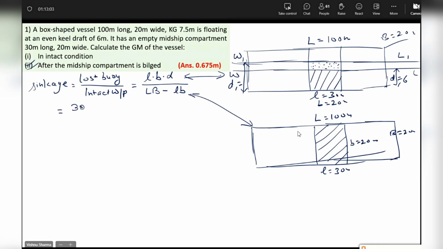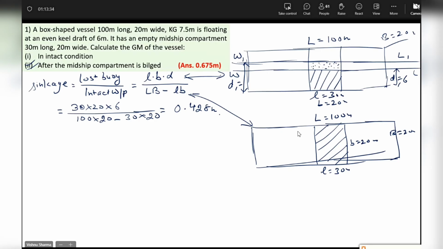Small l is 30. Small b is 20. D is 6. I'll just put the values for the sake of good order. Then we'll start cutting you short. How much is it coming? 0.428 meters. Is that correct, guys? Can you confirm? I don't think it has to be much more, beta.